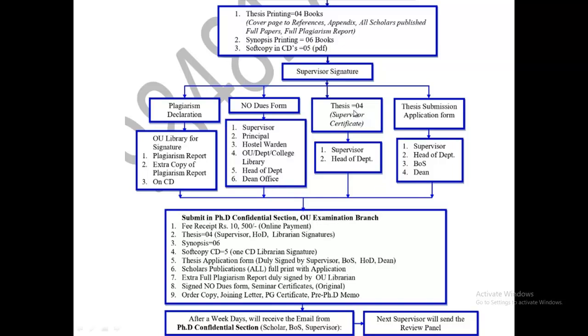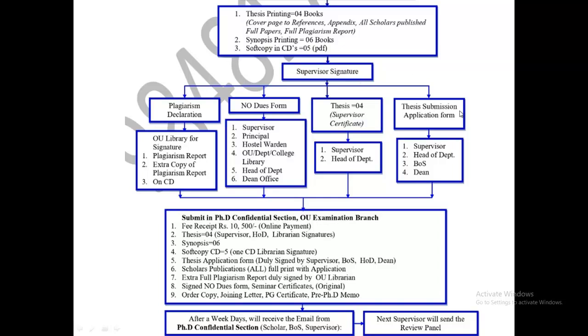And one more signature is on the thesis 4 books. On the 4 books of the thesis, in the certificate column, you have to take the signature of the supervisor and the signature of the HOD. The second page of the thesis will have the certificates, where they will mention supervisor signatures and the head of the department.